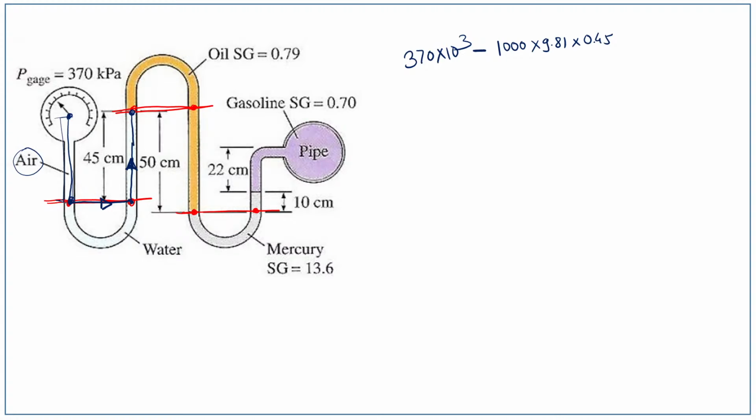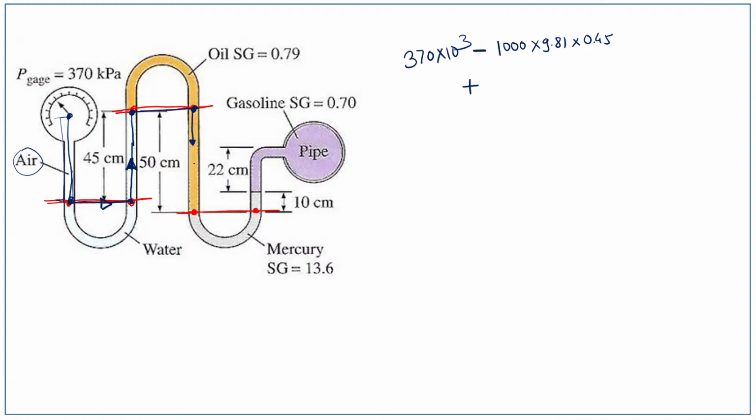Now whatever the pressure at this point, same pressure is there at this point. Again from this point we are moving in downward direction, and this orange color fluid is oil of specific gravity 0.79. Since we are moving downward, we have to add, so we use the plus sign.